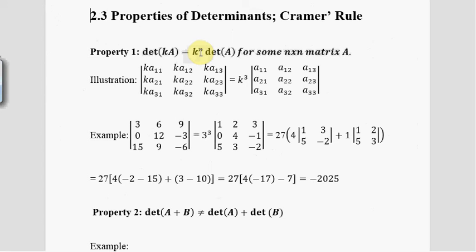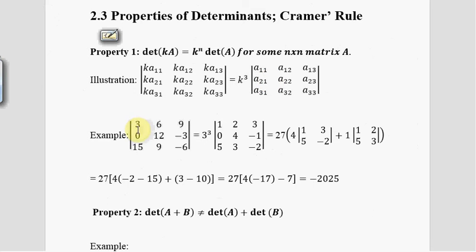And we can only take the determinant of a square matrix anyway, so the number of columns will equal the number of rows. So here I have 3 rows, and this k is common in all 3 rows. This becomes k to the 3rd power times the determinant that's left after you've factored out that scalar k from each entry.